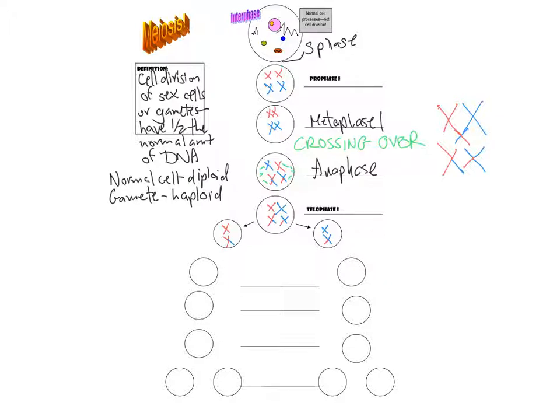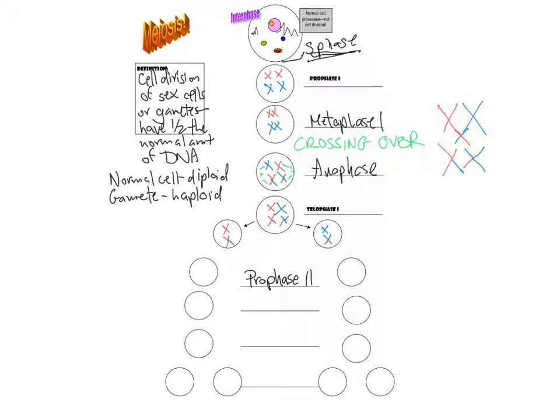So now we're going to skip a step because we don't go back to S phase. The DNA does not replicate again. And this is how we're going to accomplish getting half the amount of DNA. So now we're going to go to prophase 2.